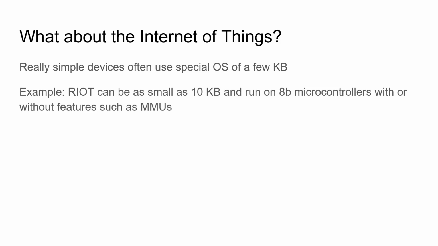So they use operating systems that are very small, and one example of such an operating system is RIOT, which can be just a handful of kilobytes long, runs on a vast variety of different systems, including 8-bit microcontrollers, but also, for instance, 32-bit processors, and does not necessarily require advanced features such as memory management units.